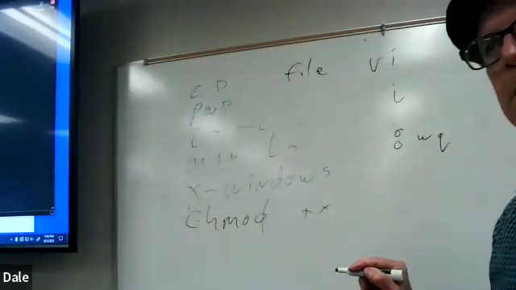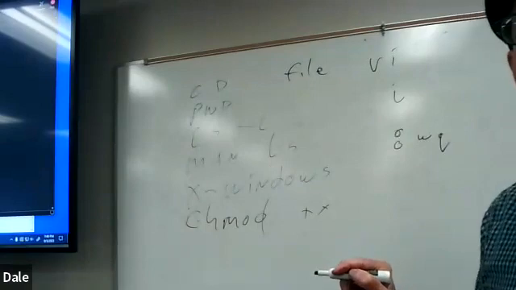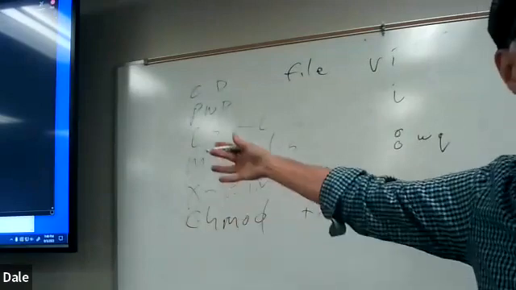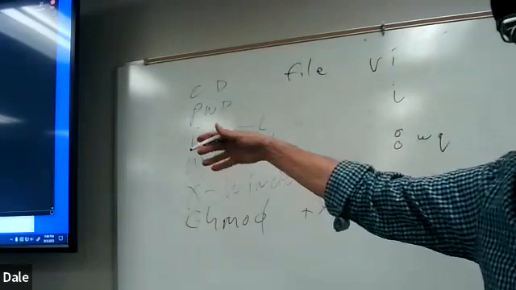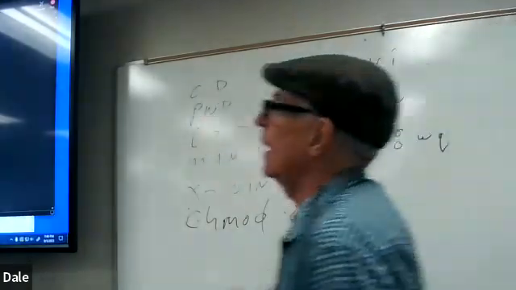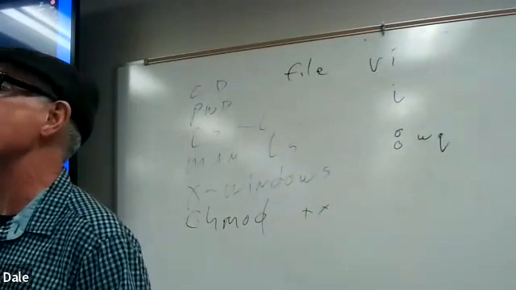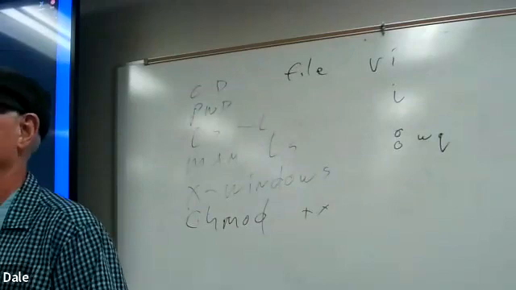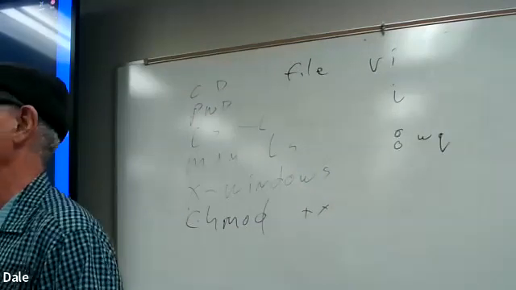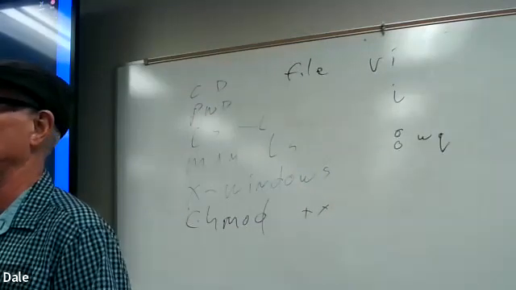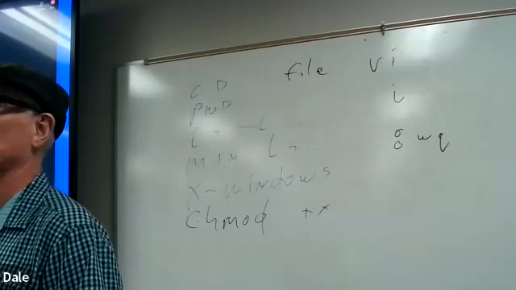Right now, VI has years worth of stuff built into it. The editor that is probably installed on your Linux of choice is probably called Vim. Vim is a very enhanced version of VI that has turned it very, very modern.